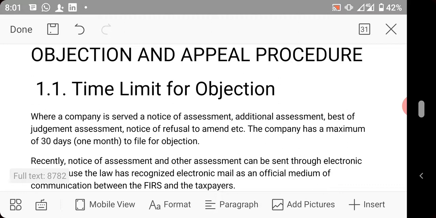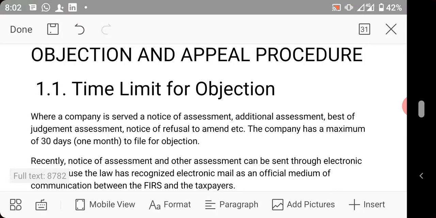If you file your objection after 30 days, it cannot be furthered because it didn't meet the statutory stipulated time period. Now, you can only file for objection where you have been given notice of assessment, best of judgment assessment, additional assessment, or whatsoever. So you have 30 days to file for objection.